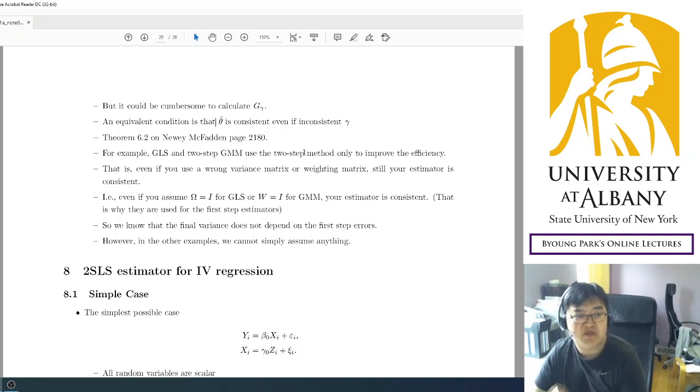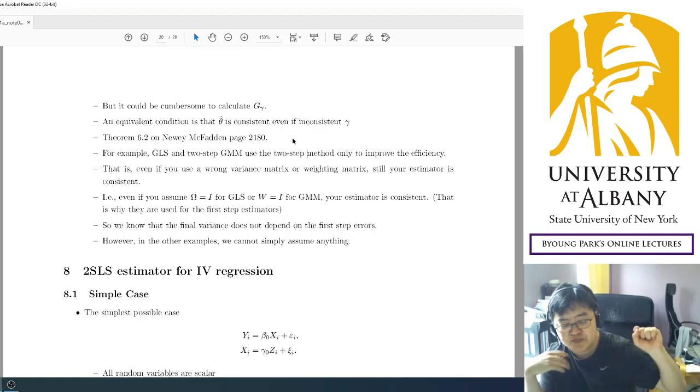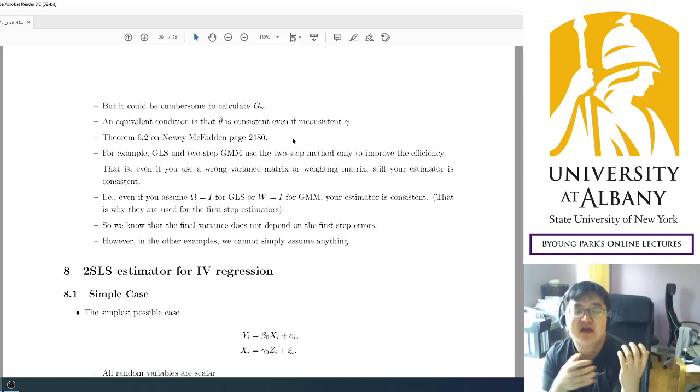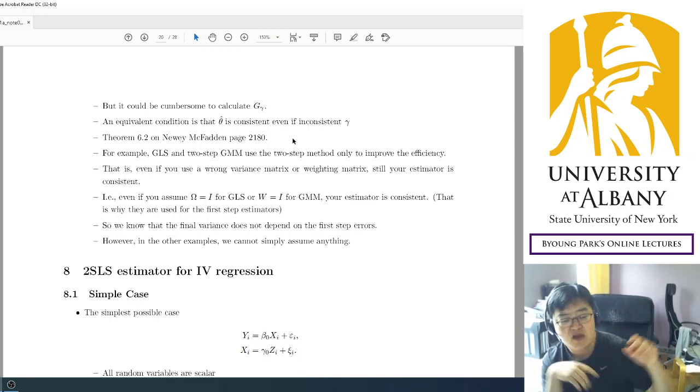A typical example of this is the optimal weighting matrix. When we calculate the optimal weighting matrix in two-stage GMM, in the first stage, you may choose any weighting matrix and get any consistent parameter estimate.